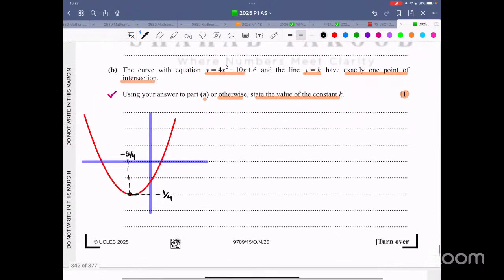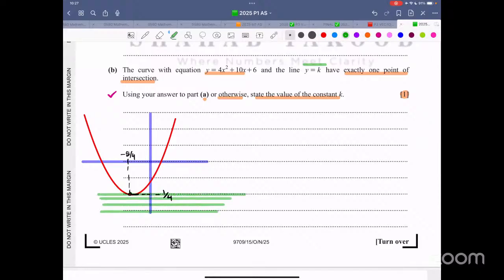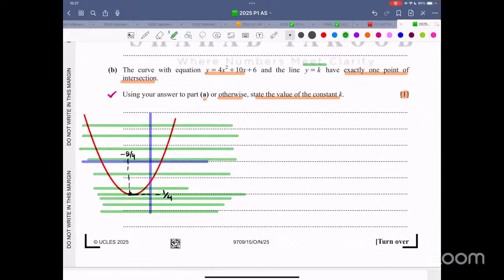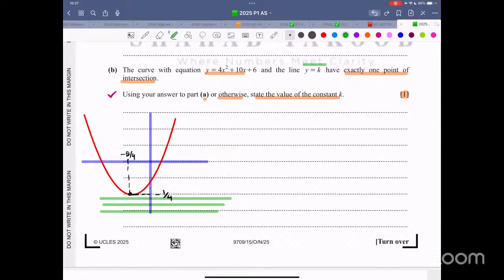Now, y is equals to k is a line. It's a horizontal line. So if I draw this horizontal line, if it's over here, it's not cutting. It's touching at one point. And anything above, it would be cutting at 2 points. So they have exactly 1 point of intersection.